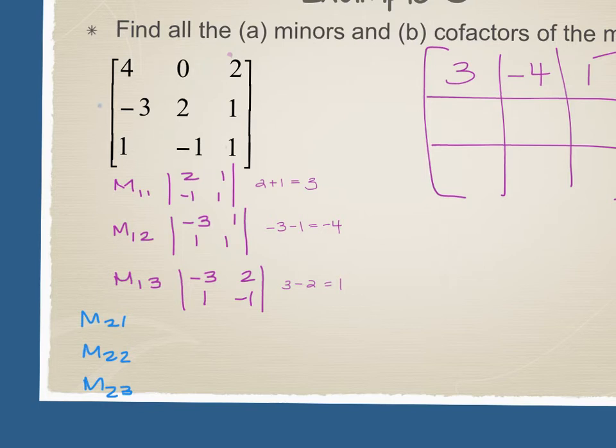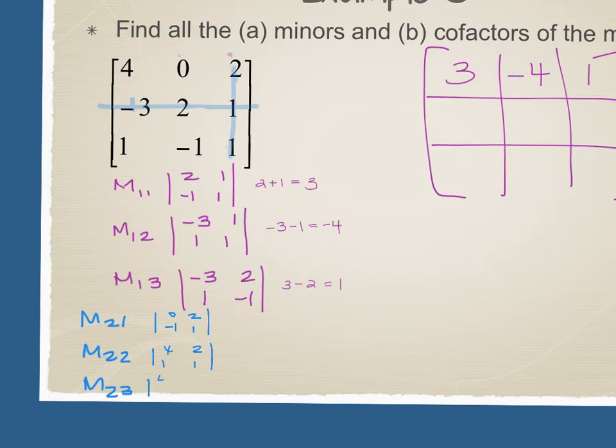So now I'm in row 2, column 1. What's left is 0, 2, negative 1, 1. And then I move on to row 2, column 2. What's left is 4, 2, 1, 1. And then I move on to row 2, column 3.